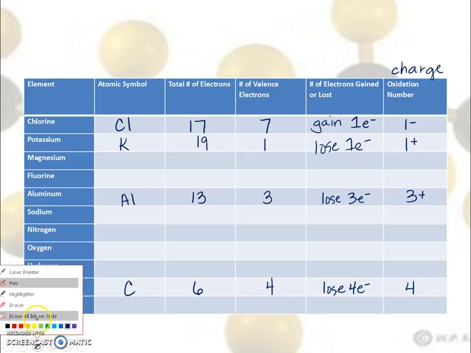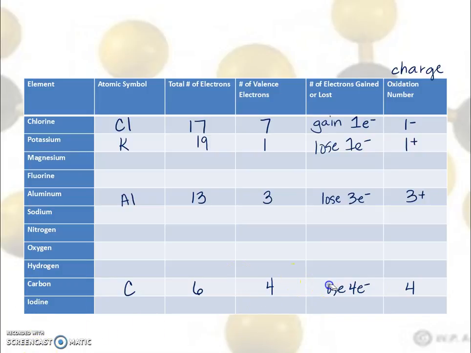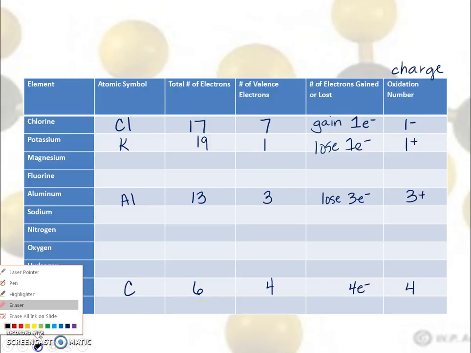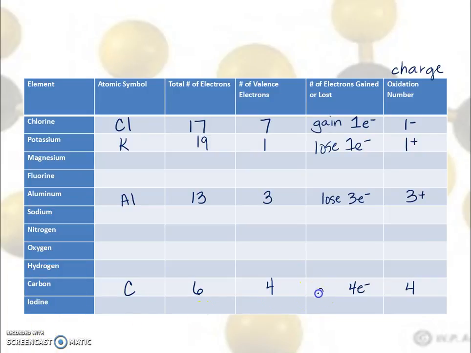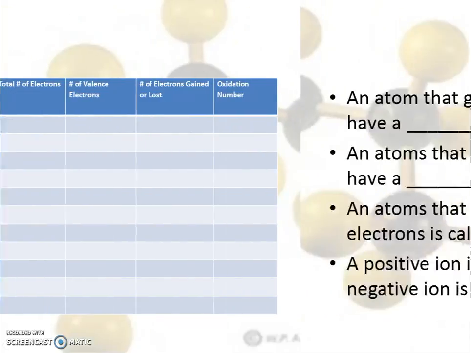It's not going to lose 4. It's going to gain 4, because nonmetals gain, don't they? Silly Miss Ruark. They take. They're nasty little boogers. They like to take everything from other people, so it's going to make a -4 charge. What I want you to do is finish the rest of these. That'll give you some extra practice, and we'll check them when you come to class.